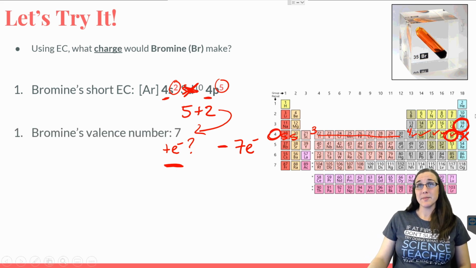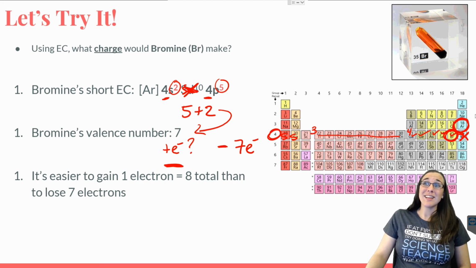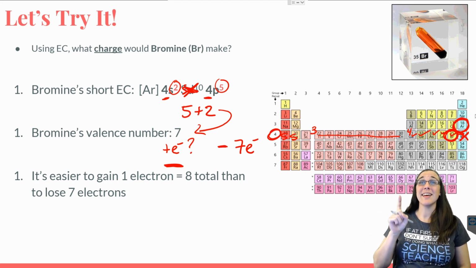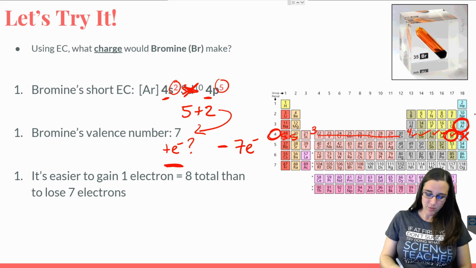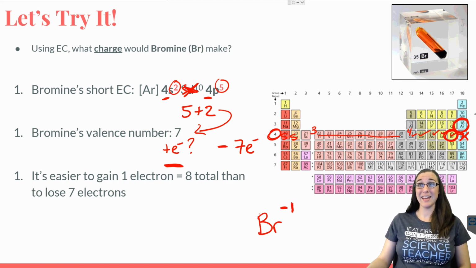In this case, gaining means that you are gaining negative charge. Since you're gaining an electron, you are gaining negative 1. You are gaining 1 electron that is negatively charged, so negative 1. In other words, you're going to write the symbol Br for bromine, and the charge would be negative 1. It gained 1 negative electron, therefore it is negative 1 charge.